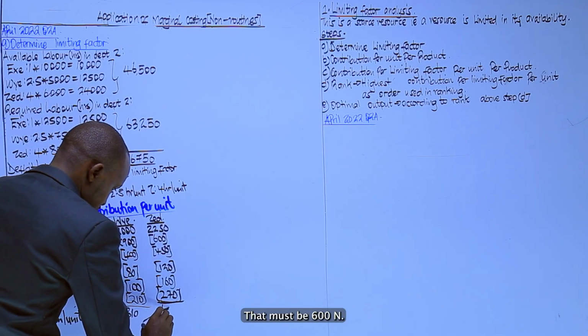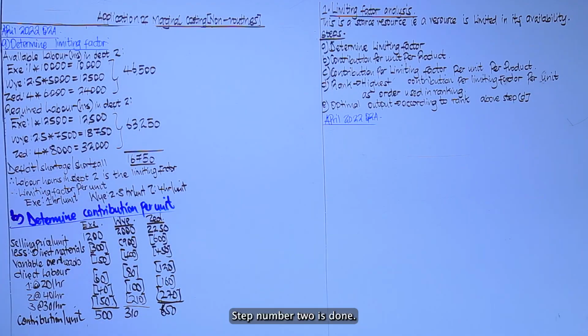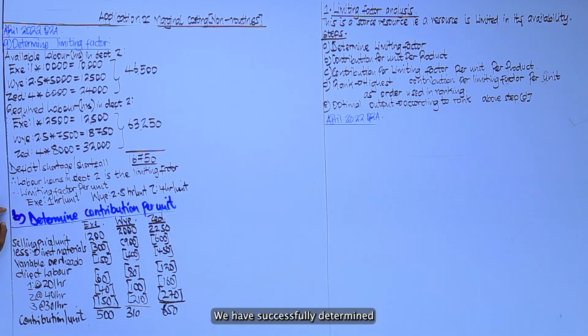That must be 650. Step number 2 is done. So let's go to step number 3. I hope we are together. We have successfully determined the contribution per unit.